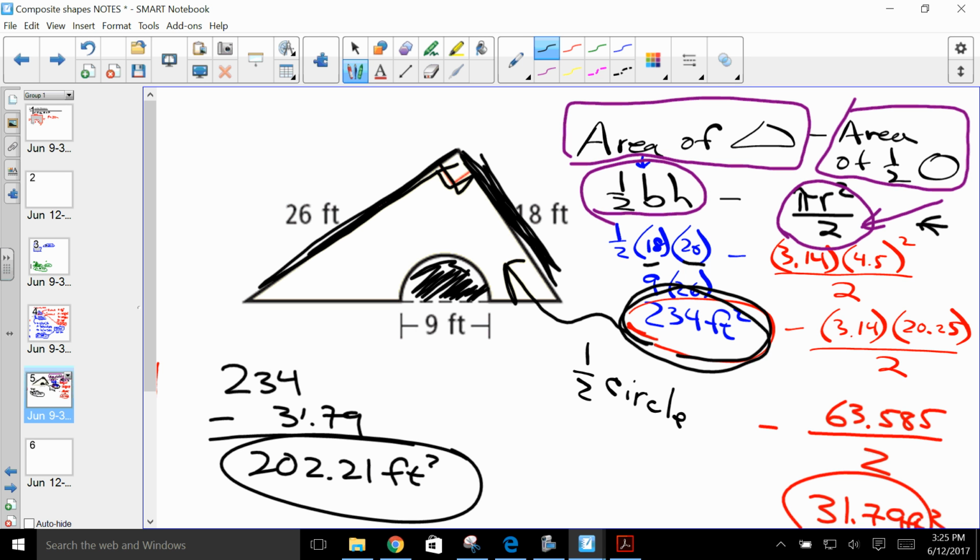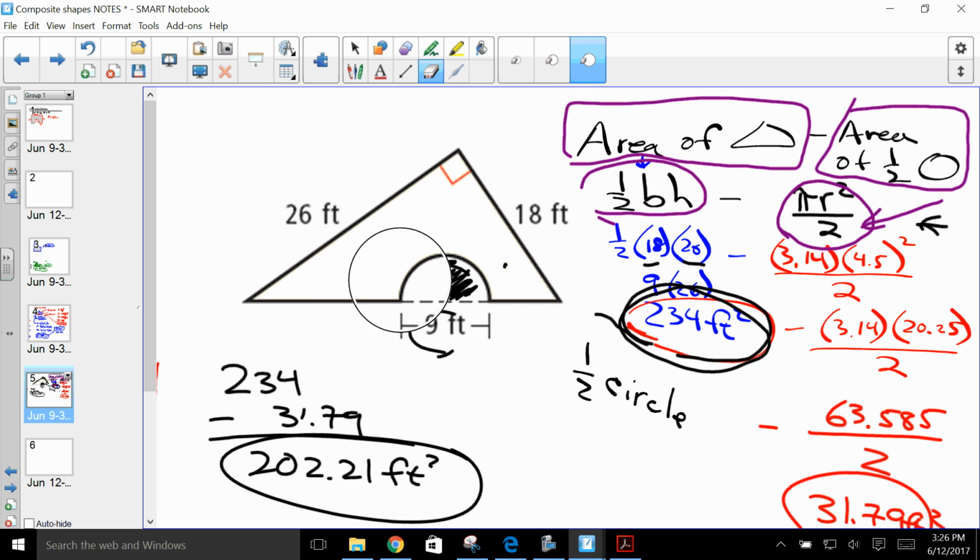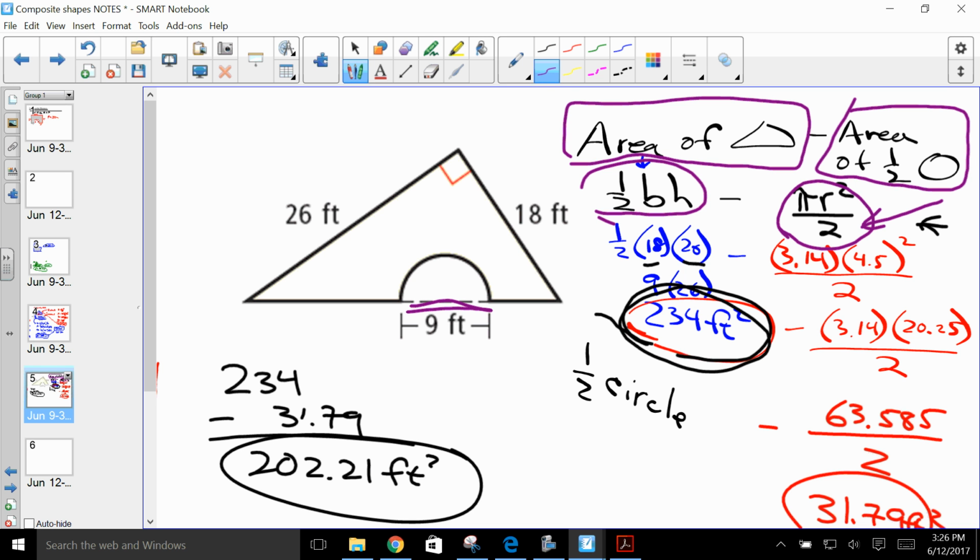The radius of the circle is going to be half of 9. 9 is the diameter, and we already know from week 1 in summer school that the diameter is the distance across a circle. If the whole circle is here, the diameter is 9. Half of 9 is 4.5, so I replaced r, the radius, with 4.5.